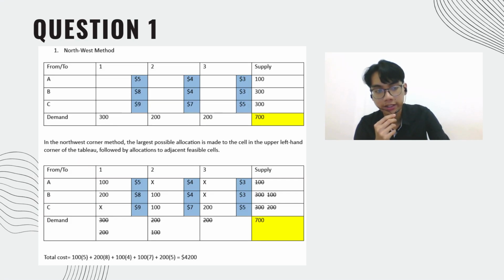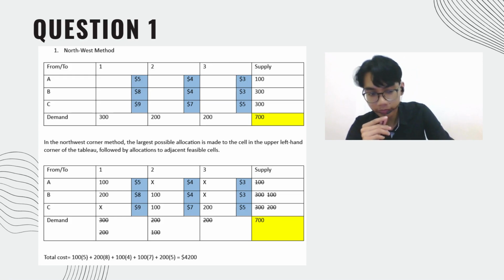This is how the northwest corner method would be done. In the northwest corner method, the largest possible allocation is made to the cell in the upper left-hand corner of the table, followed by allocation to the adjacent feasible cells. In this case, the northwest corner would be A1, which is $5.